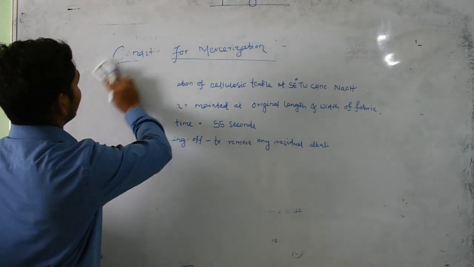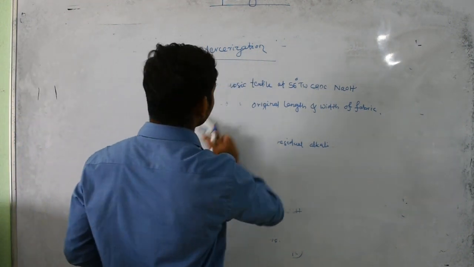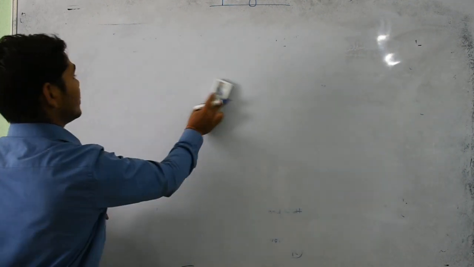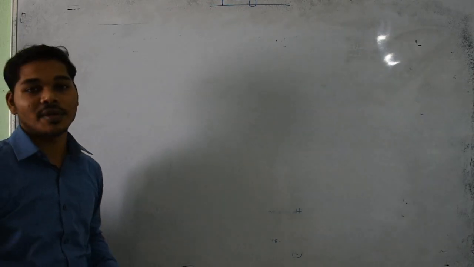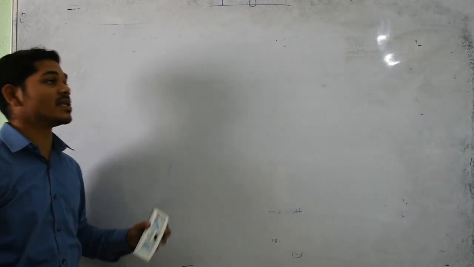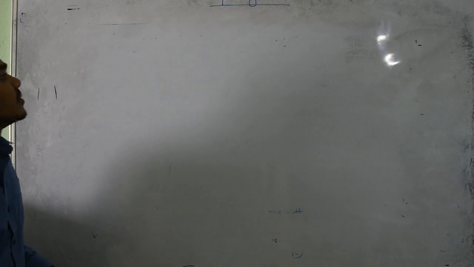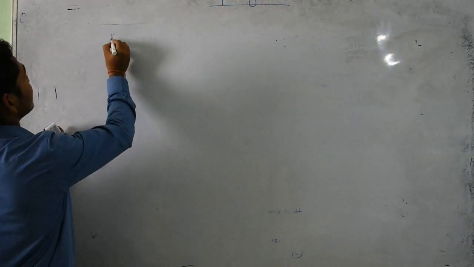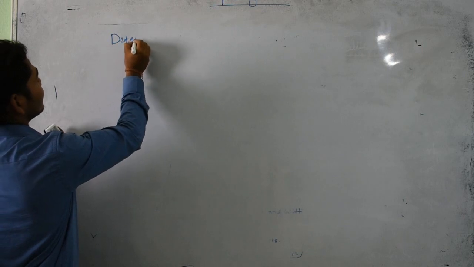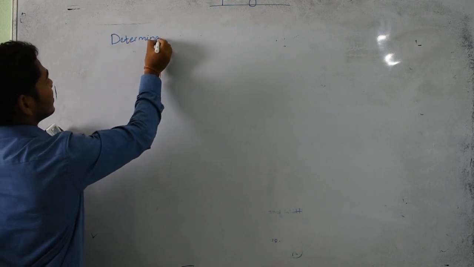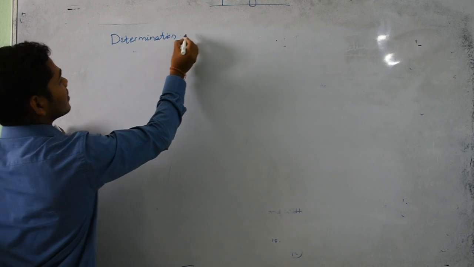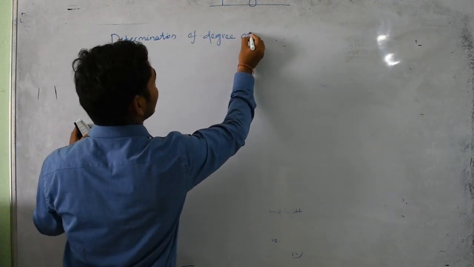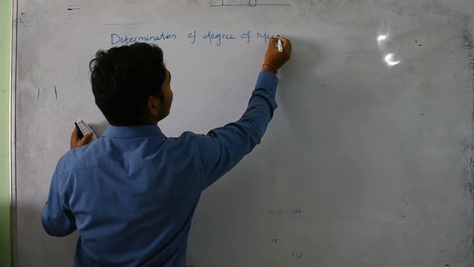Now, after mercerization, how will we know to what extent mercerization has taken place? To determine that, we have a step which is called determination of degree of mercerization.